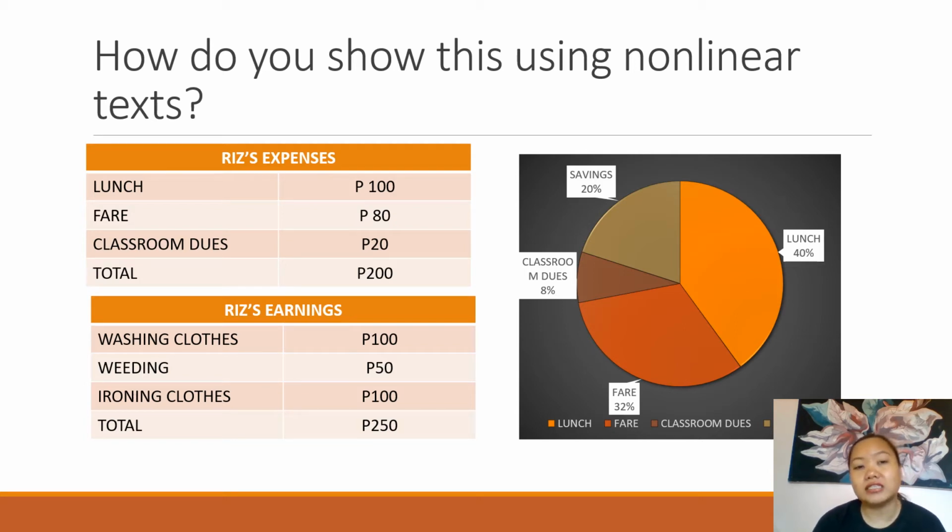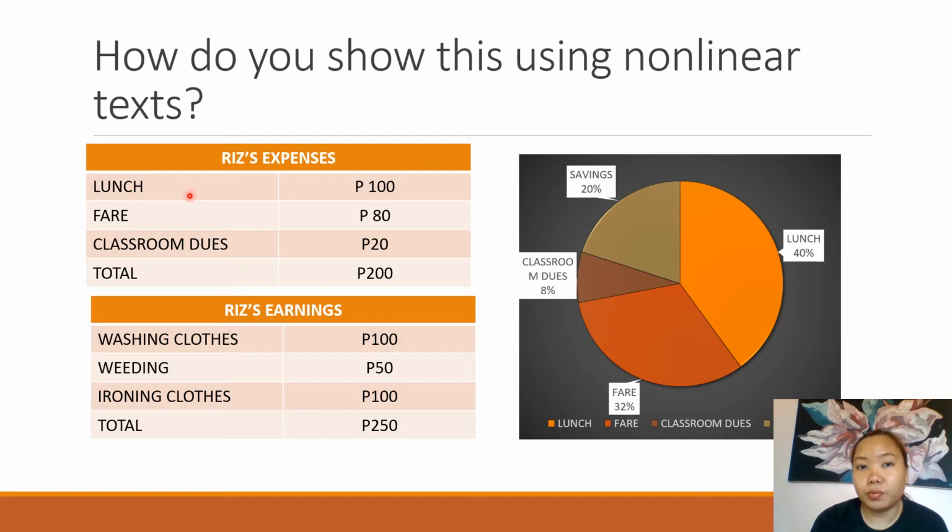For instance, in this case, since we're talking about Riz's expenses and earnings, we can show it through a table. Look at what I did here. I just have a table and I enumerate, for example, Riz's expenses, what her expenses are.